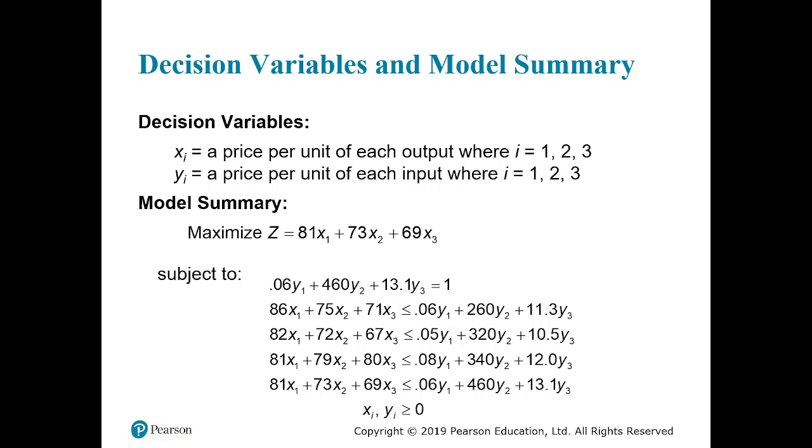Now, to say something is efficient, so I just put there F. To say something is efficient, we would have the ratio of the output to the ratio of the input.